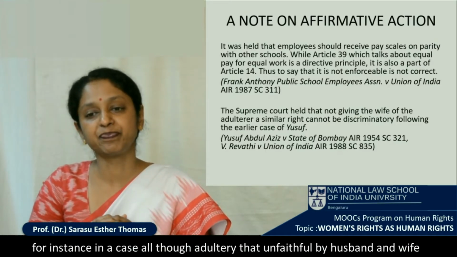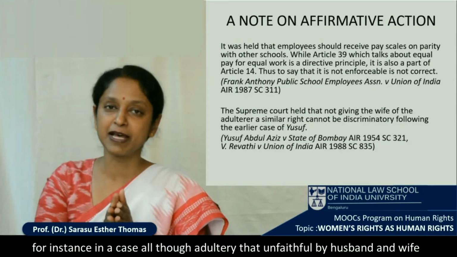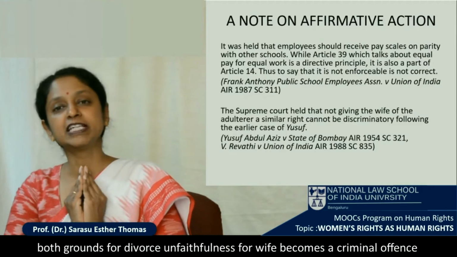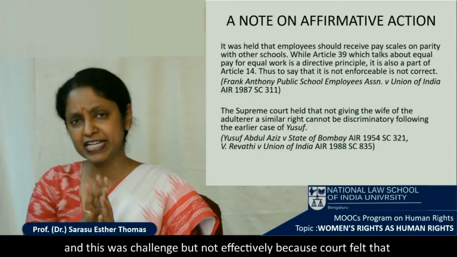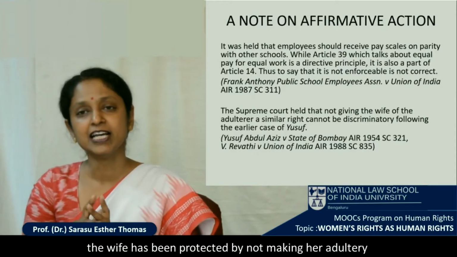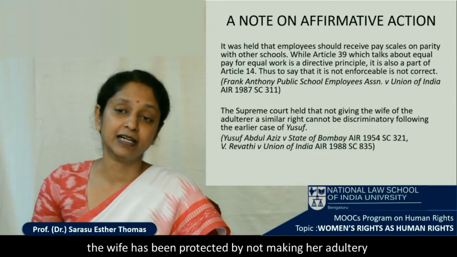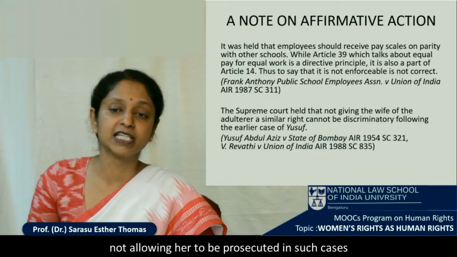For instance, in a case, although adultery, that is unfaithfulness by husband and wife, are both grounds for divorce, the unfaithfulness of a wife becomes a criminal offense, and this was challenged, but not effectively, because the court felt that the wife was being protected by not allowing her to be prosecuted in such cases.